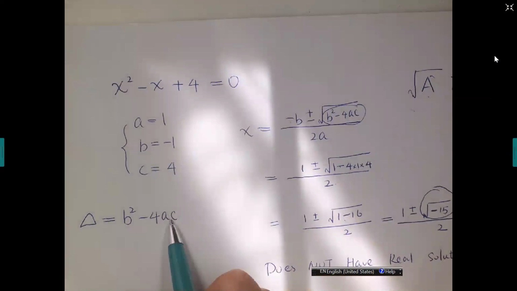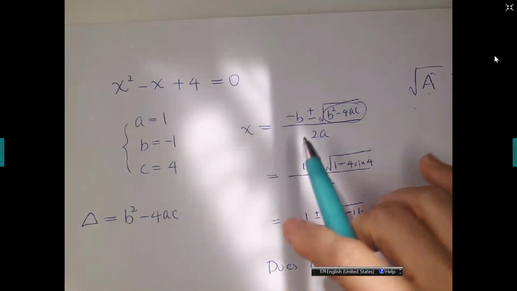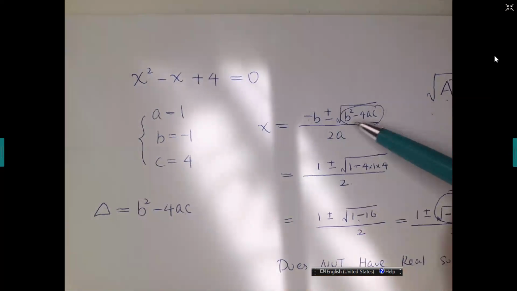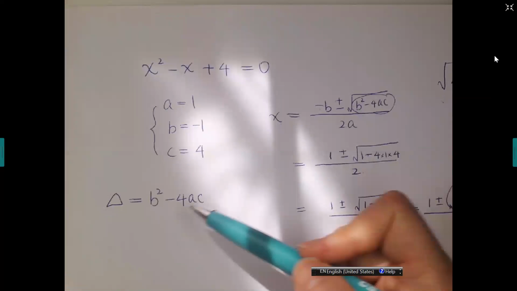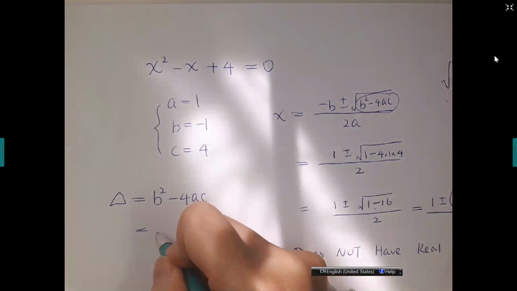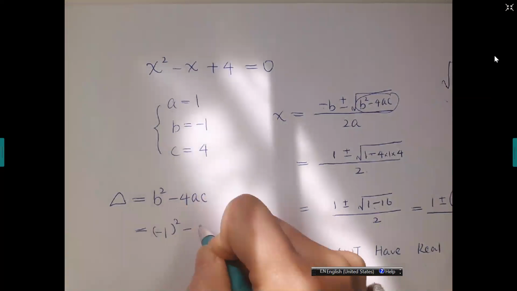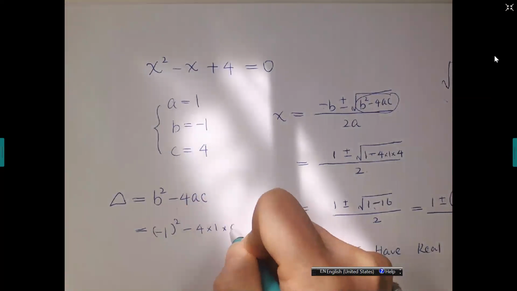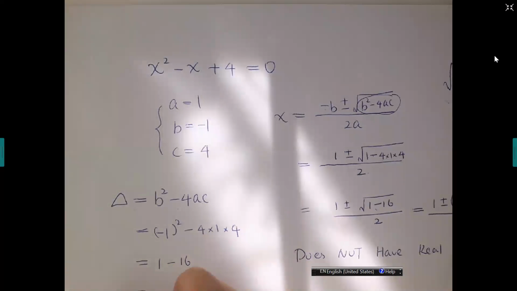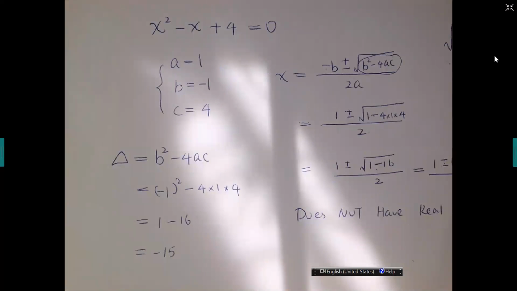This is an indicator. So we do not jump to the quadratic formula. Instead, we just check the radicand, b squared minus 4ac. We calculate what this is. So b squared equals negative 1 squared minus 4 times 1 times 4, and then we check: 1 minus 16 equals negative 15.